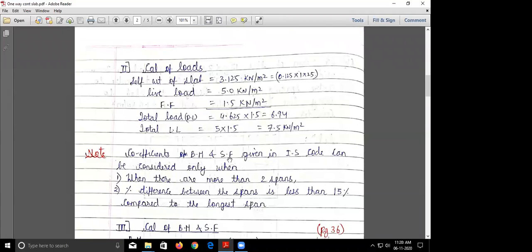The coefficients of bending moment and shear force given in IS code are applicable only when there are more than two spans. This is important, you should know this. Only when there are more than two spans can we use these coefficients. And also the percentage difference between the spans should be less than 15 percent compared to the longest span. The percentage difference should not be more than this, it should be within 15%.